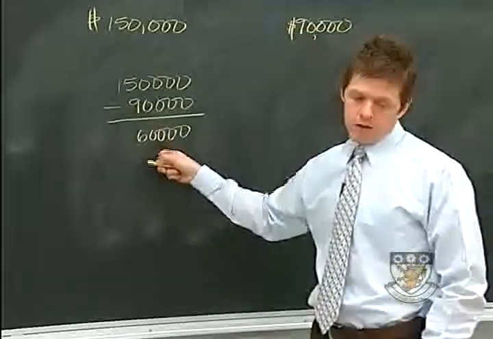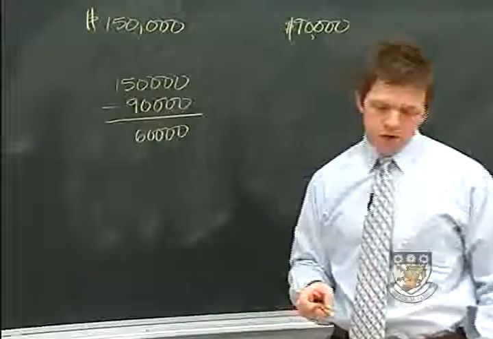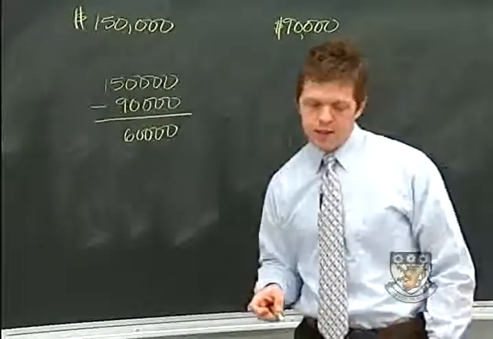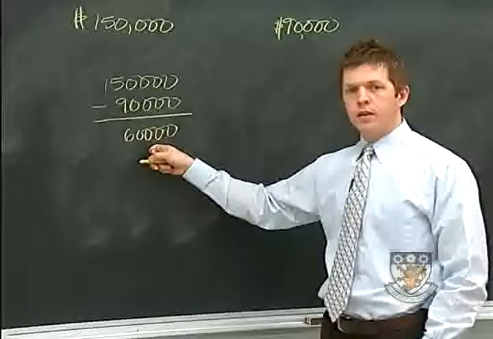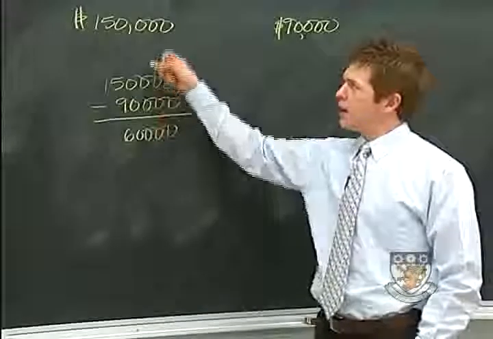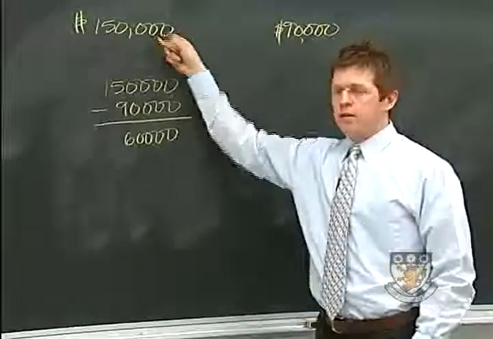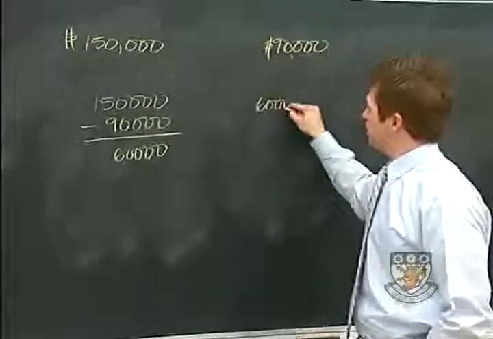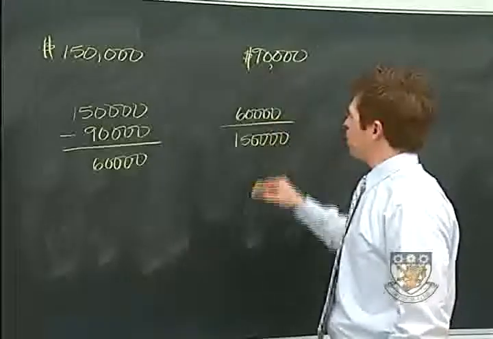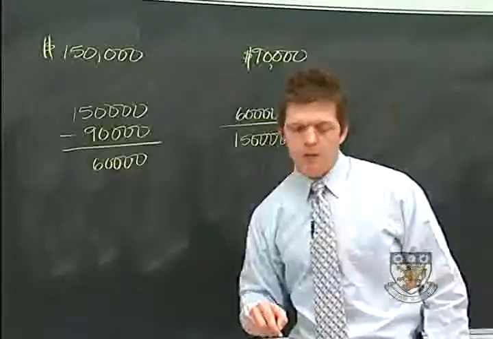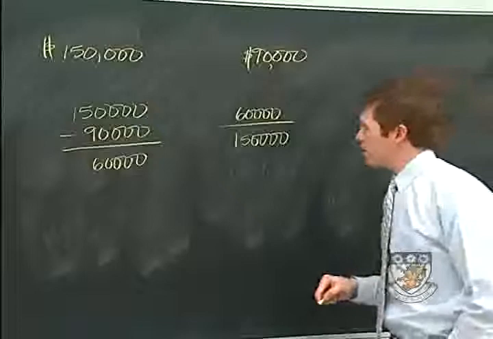This is the amount that it went down. That's pretty considerable. But the question is, by what percent did it drop? We take the amount that it went down and divide it by our original price. So 60,000 divided by 150,000, that'll tell me the percentage that it dropped.